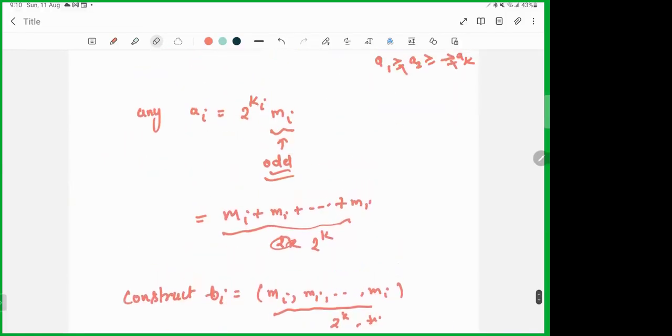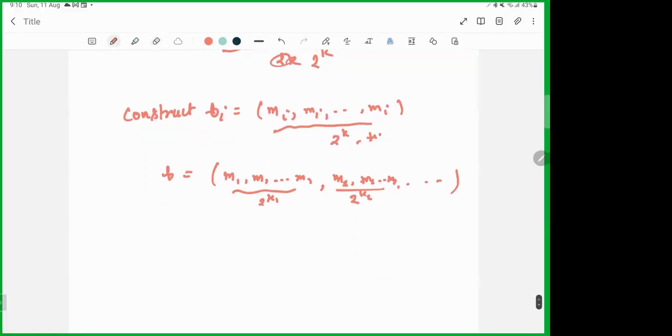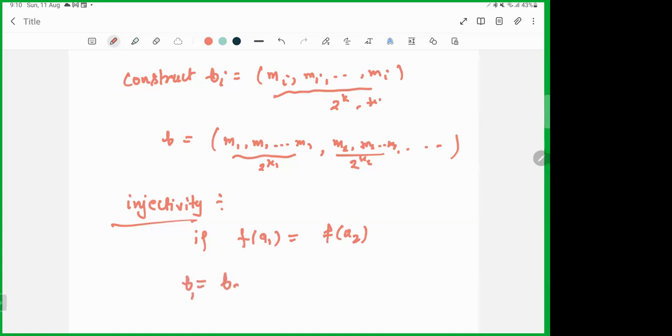So B is 2 to the power k m2. So one-to-one, so injectivity. If f of a1 equals f of a2, that means b1 equals b2.